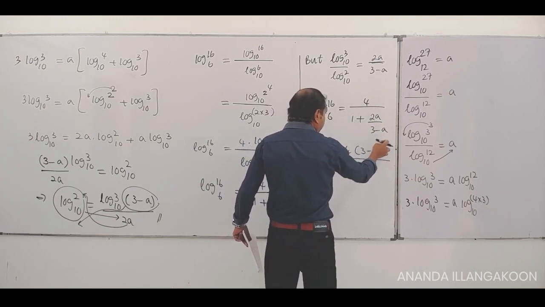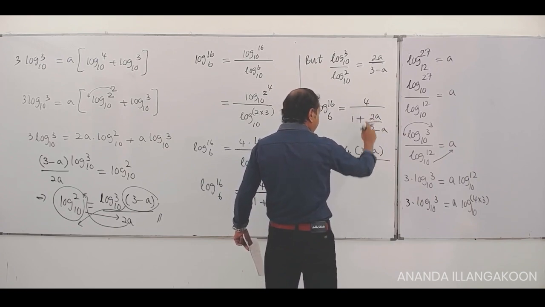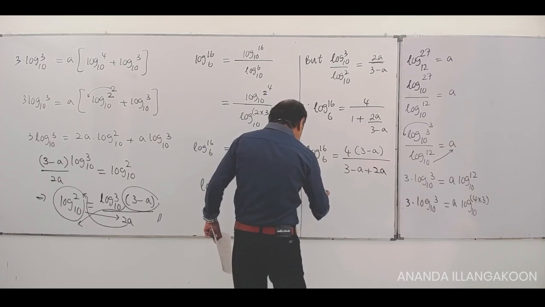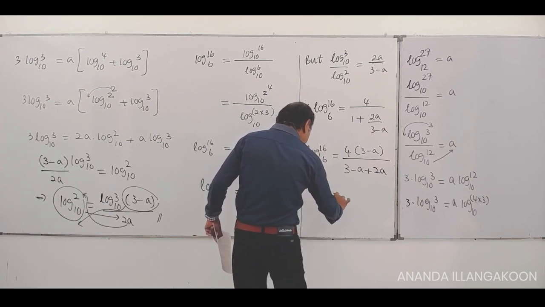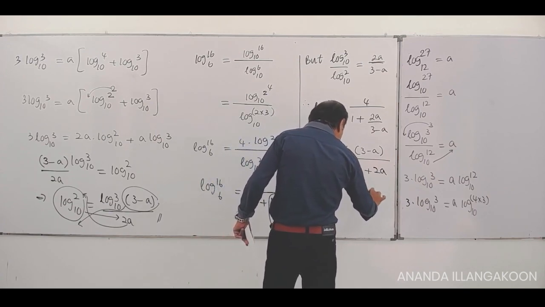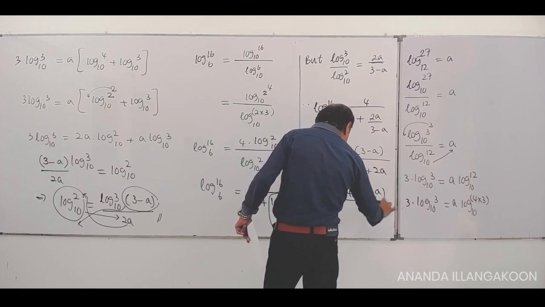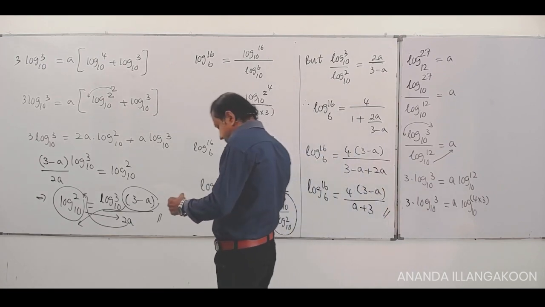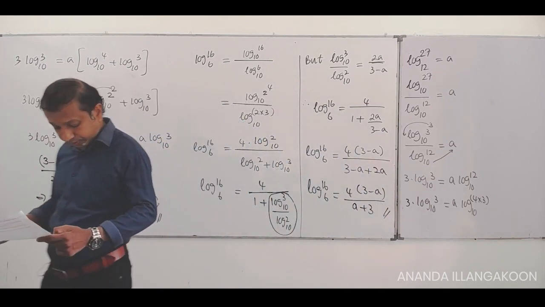When I multiply by 3 minus a, 3 minus a, 3 minus a, we can cancel down. We get 2a. We get log 16 base 6 equals 4 times 3 minus a over 2a minus a, which is a plus 3. This is how we take the answer.